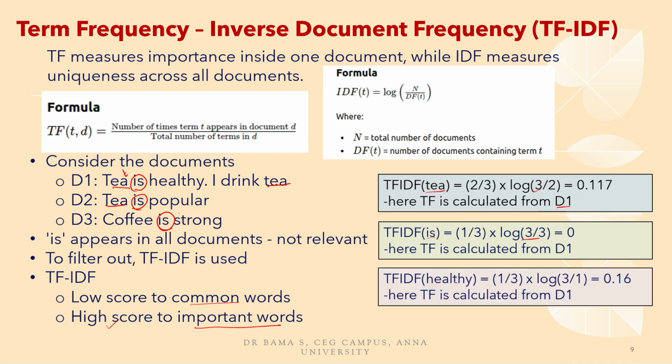And TF-IDF of "healthy" is going to be 0.16. You can calculate it and check. In this way you can see that wherever the word or term appears in all the documents, it maps to 0; otherwise it has some value.